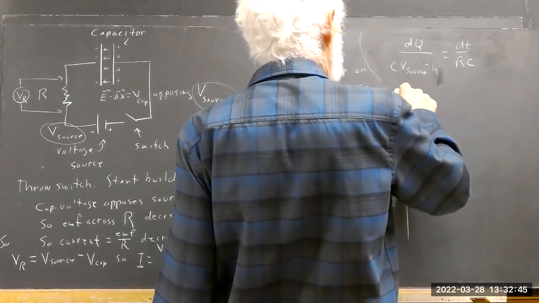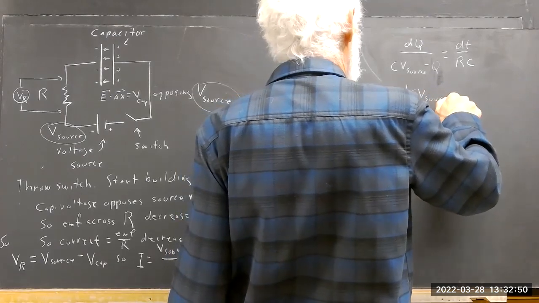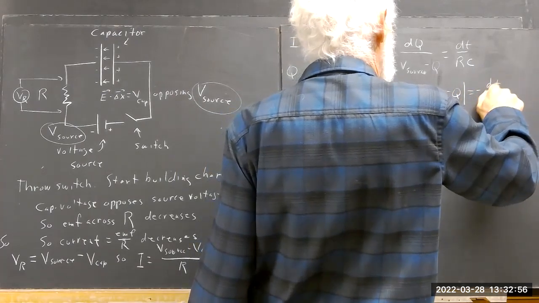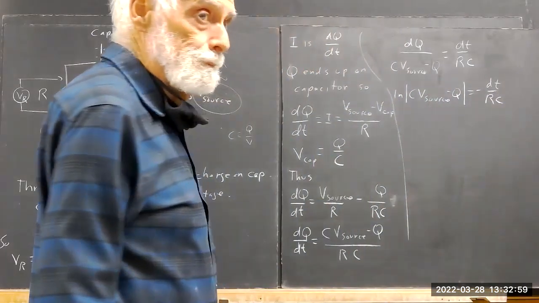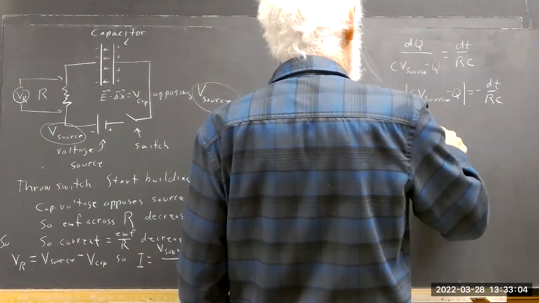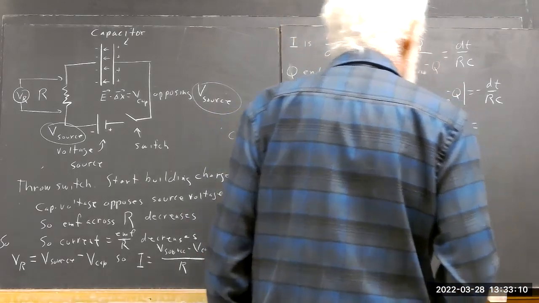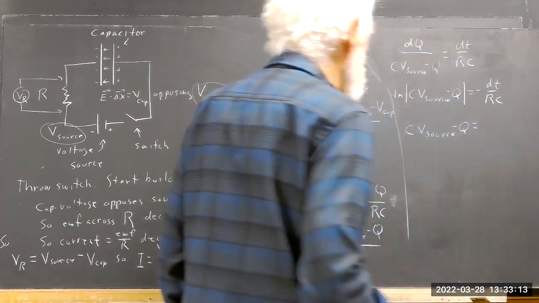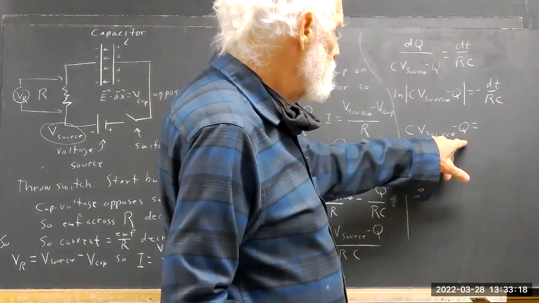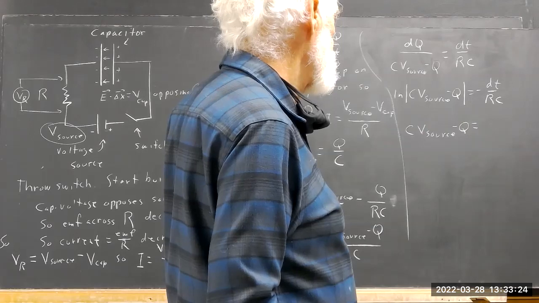This leads to the natural log of the absolute value of C V source minus Q equals negative dt over RC, which leads to... Now, I don't want to get into that.